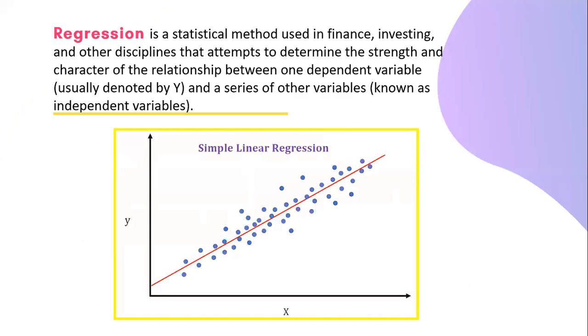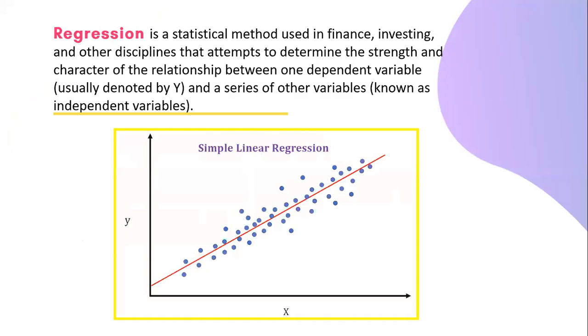Regression is a statistical method. It involves looking at a lot of numbers and analyzing those numbers using statistical methods. And regression has been used in finance, investing, and a number of other disciplines.